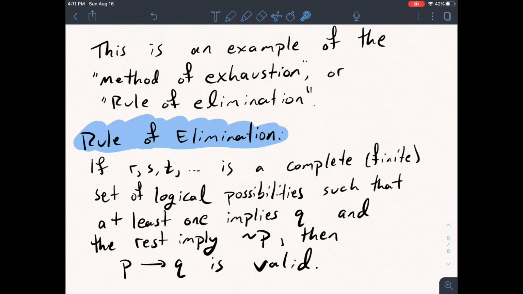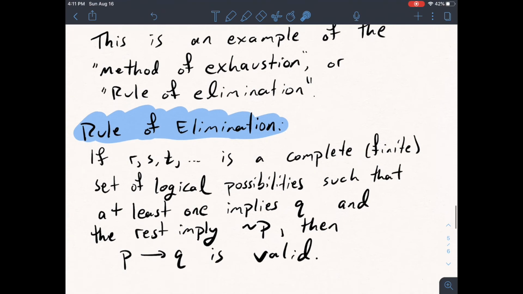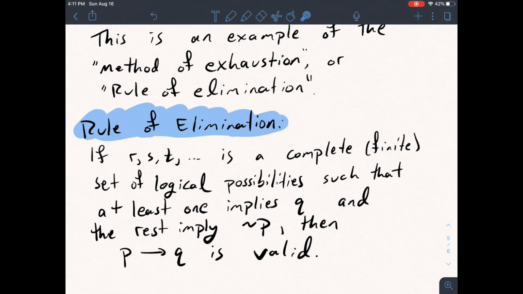So like in our proof, this complete set of logical possibilities was that number one was equal to number two, number one was bigger than number two, or number one was smaller than number two. So A is equal to B, A is greater than B, or A is less than B. That is a complete finite set of logical possibilities in the example that we were doing. But maybe you have like 5 possibilities or something like that.